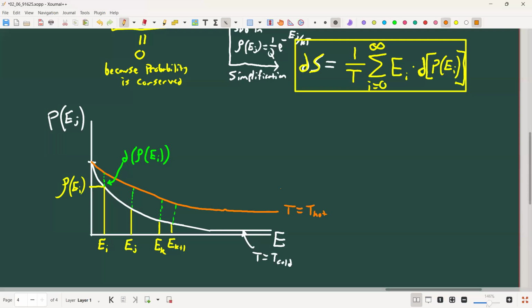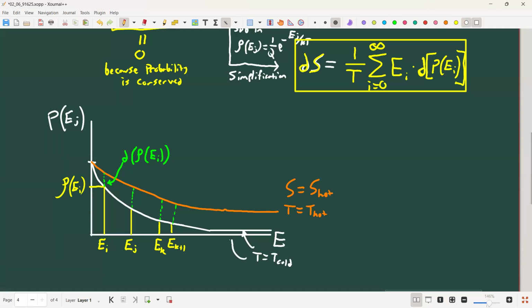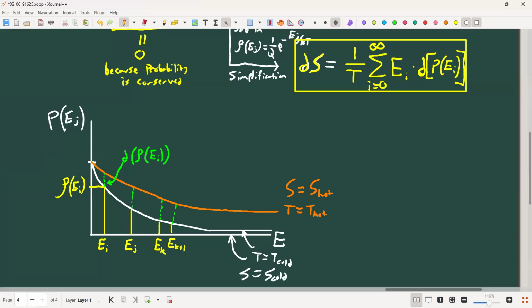So I have S hot. S for this one is S hot, and this one down here has an entropy S equals S cold. What is dS? Well, dS is the product of the energy times the change of that probability when you heat it up from entropy state 1 to state 2.